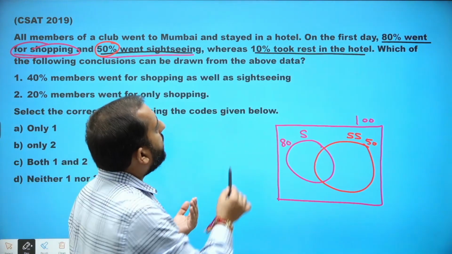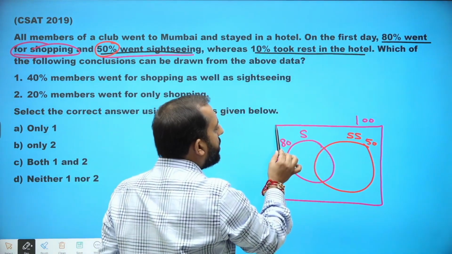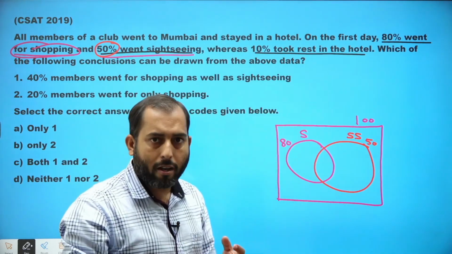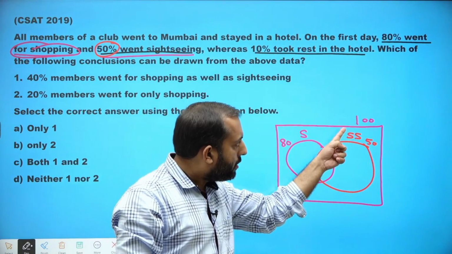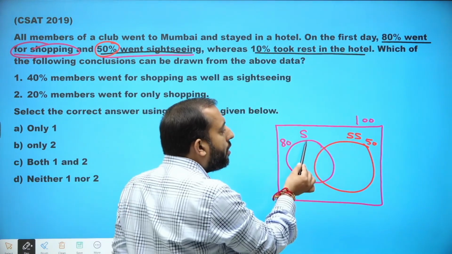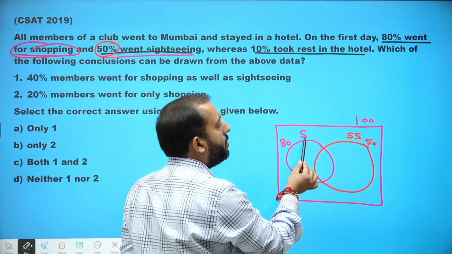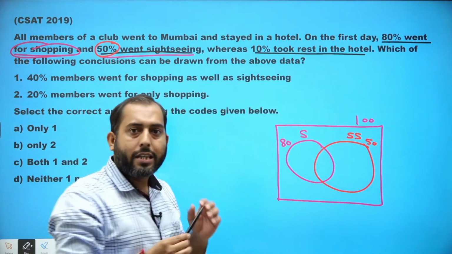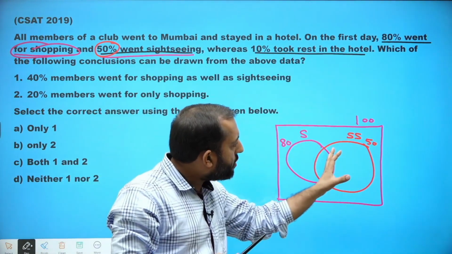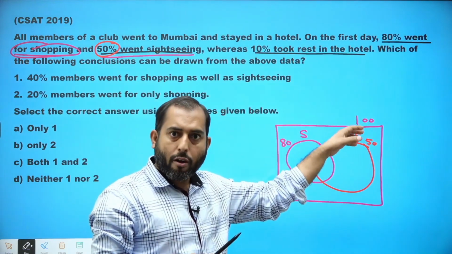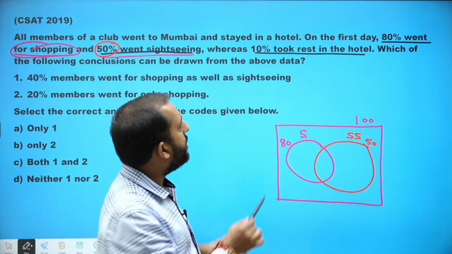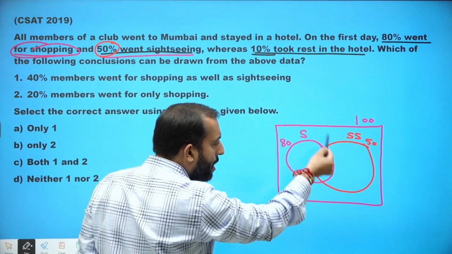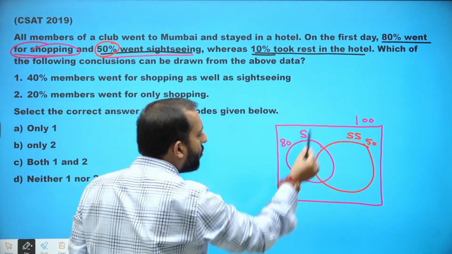Now 10% took rest. So this rectangle will represent the collection of all the 100 people. Out of this 100, the first circle will represent shopping, and the second circle will represent sightseeing. Apart from these two circles, the remaining place of this Venn diagram will represent those people who took rest. So the value of this remaining part is 10% of 100, which is 10.